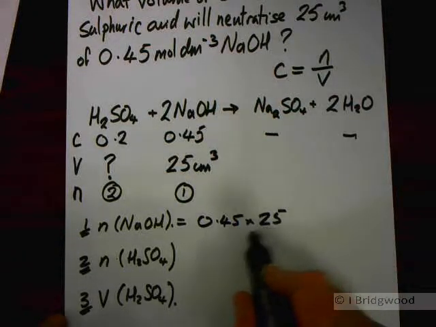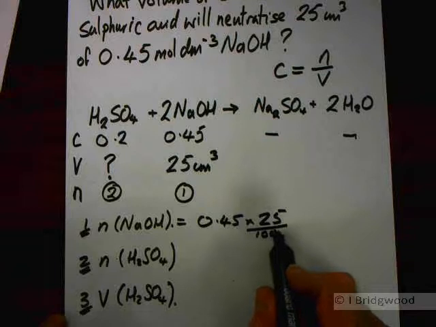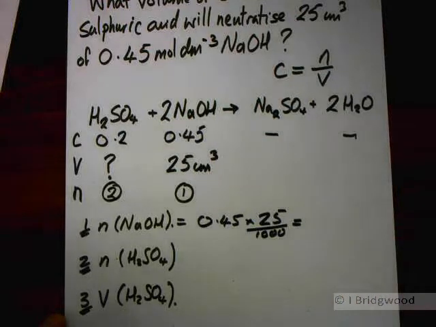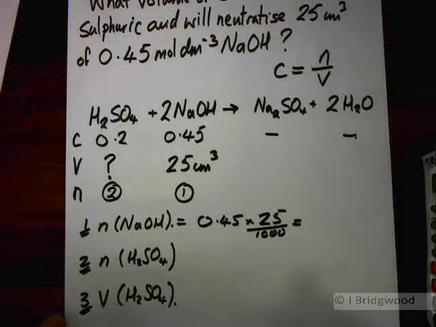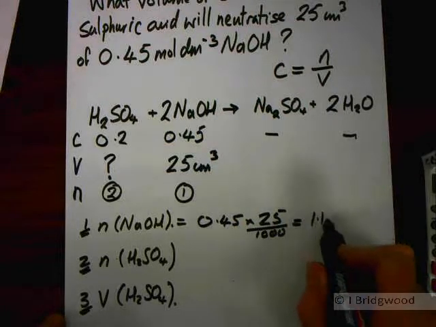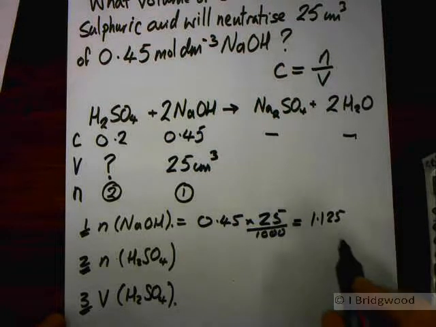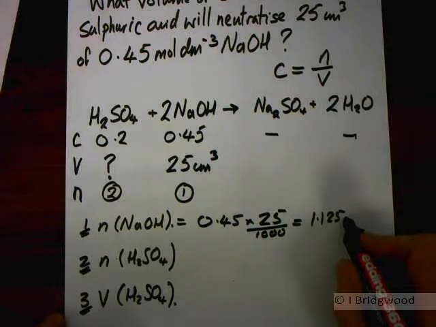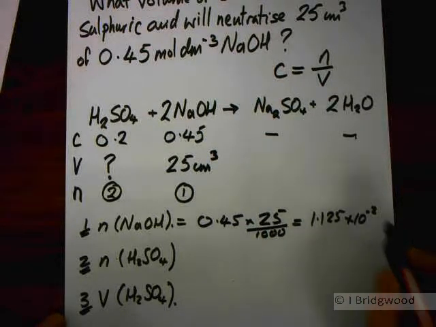So we need to divide that by 1000. And that will give us 0.45 multiplied by 0.025. I'll make that 1.125 times 10 to the minus 2 moles.